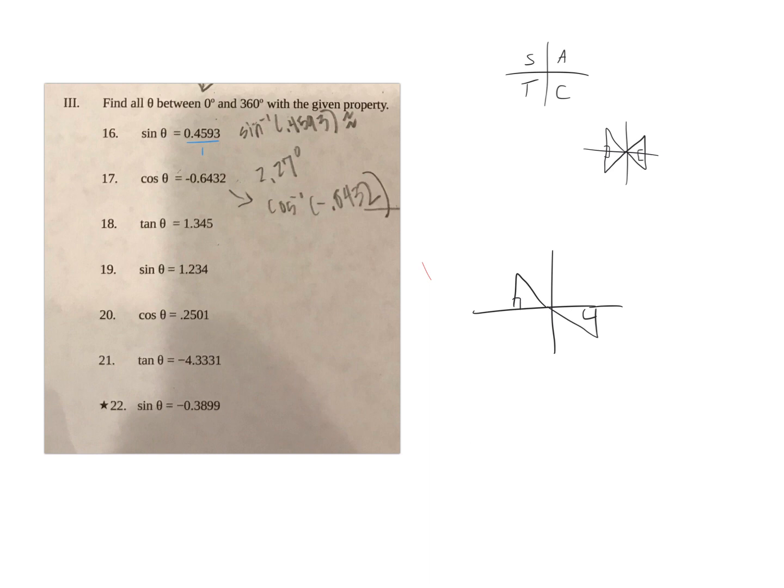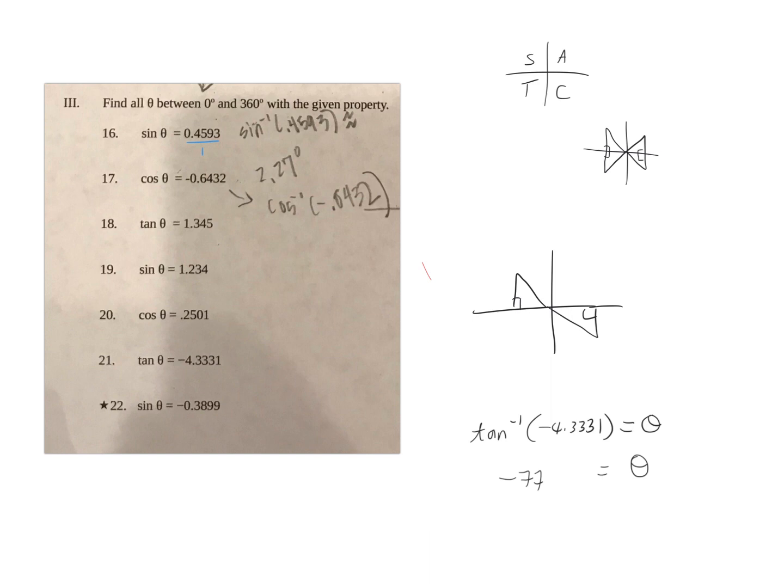Using our calculator, we have the inverse of tan of negative 4.3331, and that's going to equal some angle, and that happens to equal negative 77. We'll just call it that, negative 77.